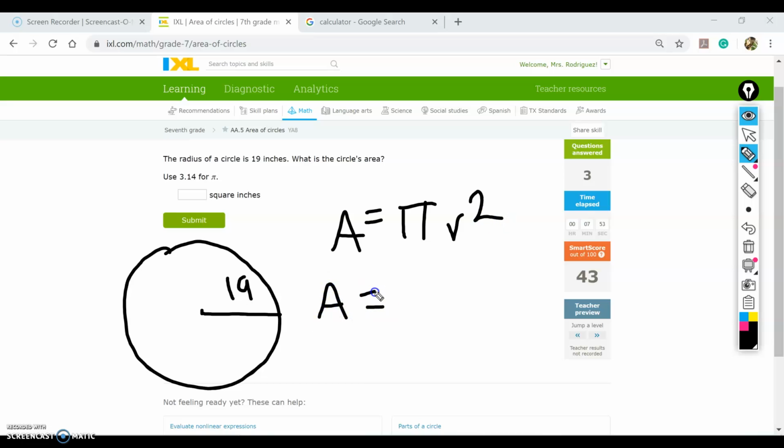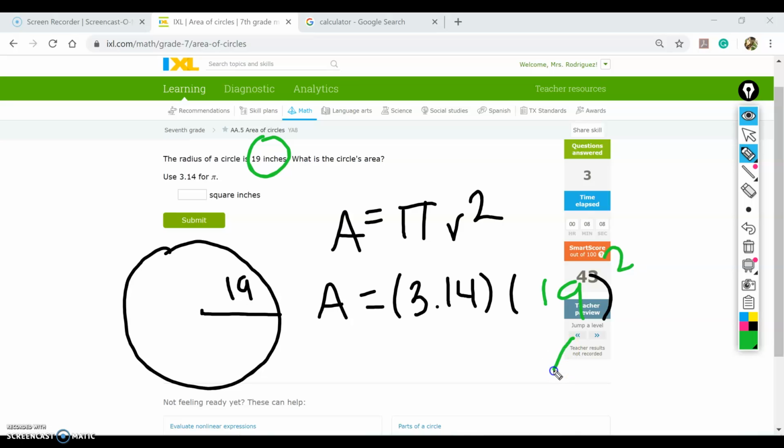We know that pi is equal to 3.14 because that's what they're asking me to use. And r is the radius, which in this case is 19, because that's what the problem is telling me. And to the power of 2. So 19 to the power of 2 would be 19 times 19. Whatever I get from that, then times 3.14.